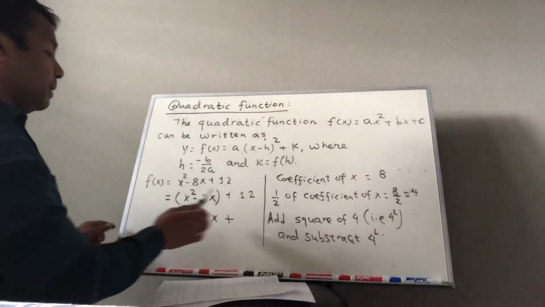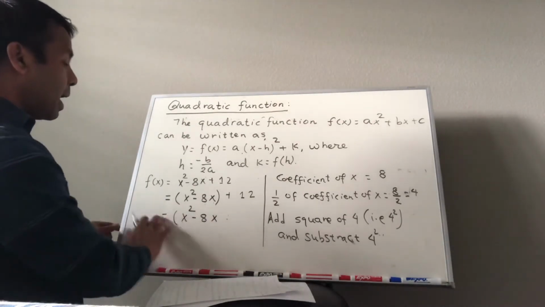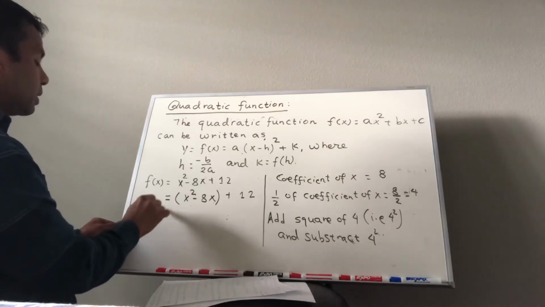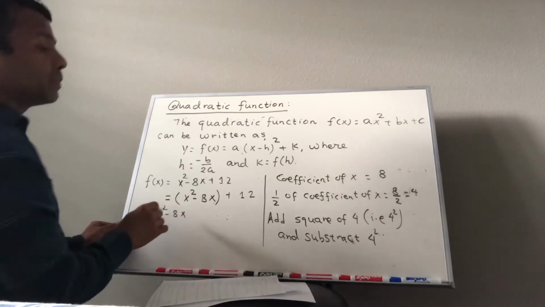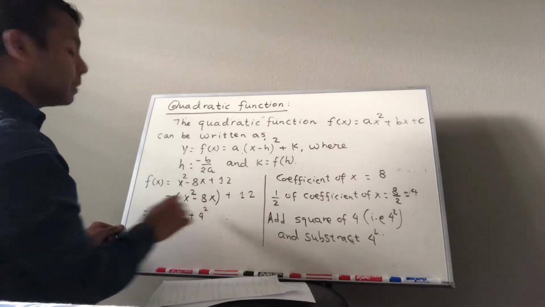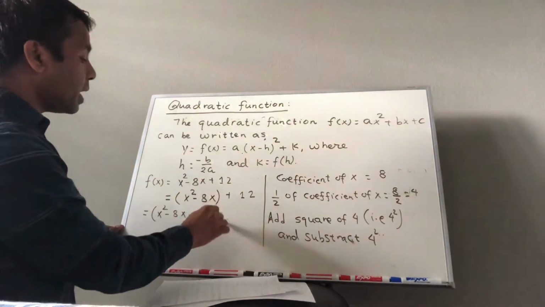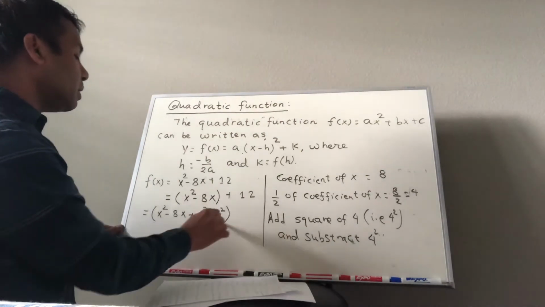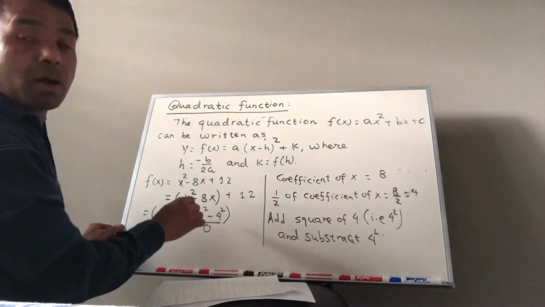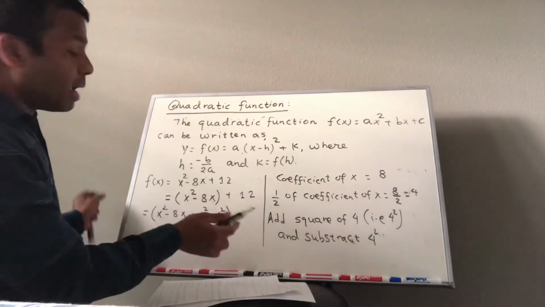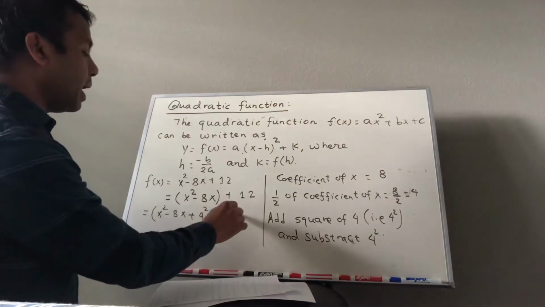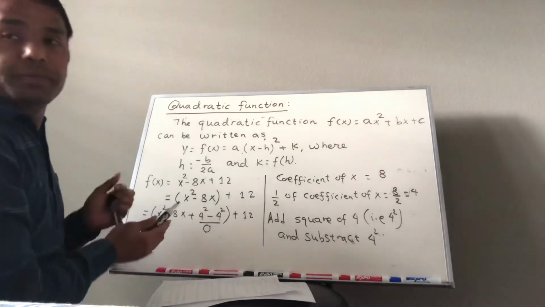So what does that mean? I have x squared minus 8x, I add the square of 4, that is 4 squared, right? And I subtract 4 squared. So this is exactly 0, and I am allowed to add 0, it does not make any difference. And then I have plus 12 here.